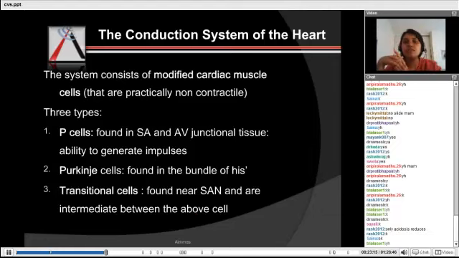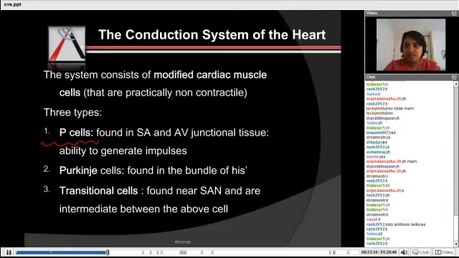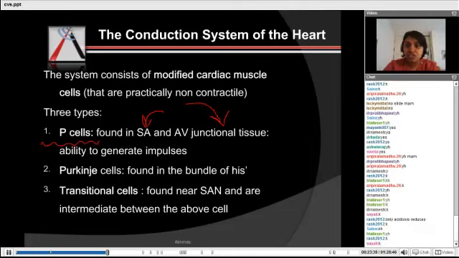When I say conduction system, here we are talking about the modified cardiac muscle cells. They are non-contractile. They have become modified and specialized to conduct the impulses. These modified cells are of three types. One is the P cells, which are found in the SA node and AV junctional tissue.